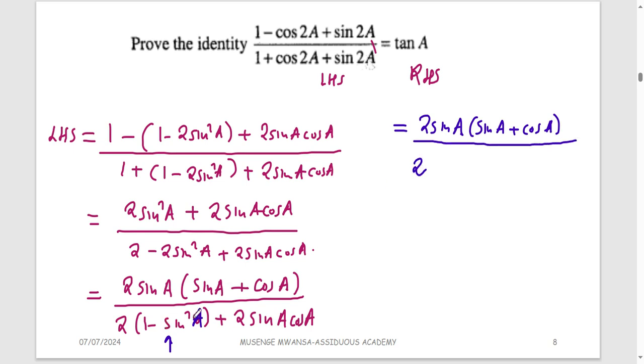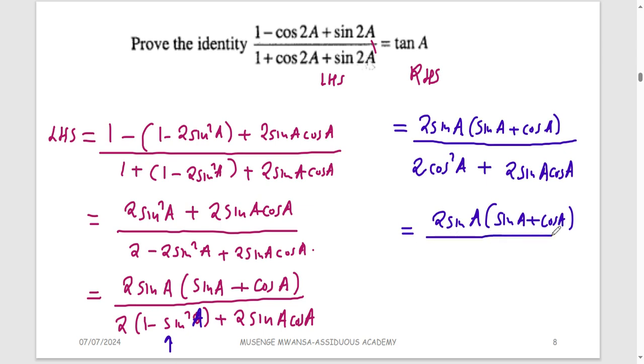So 1 minus sin squared A is the same as cos squared A. So I've substituted where there's 1 minus sin squared A with cos squared A. And then remember I've got plus 2 sin A cos A. And this will give us 2 sin A, open brackets, sin A plus cos A.